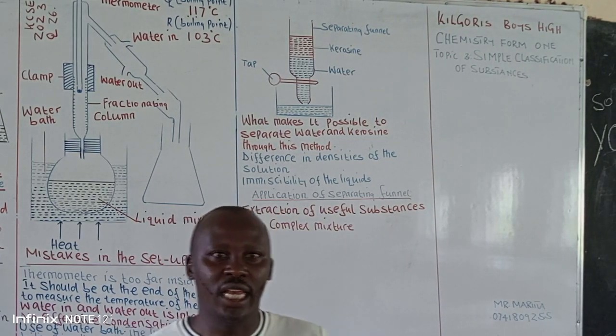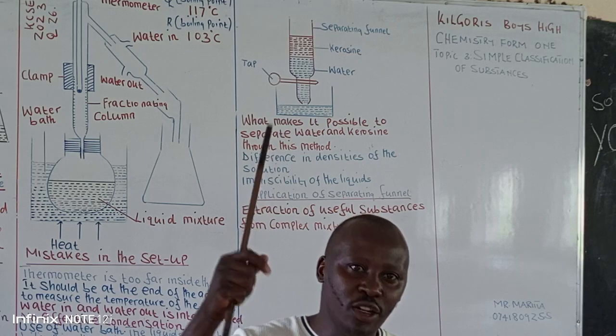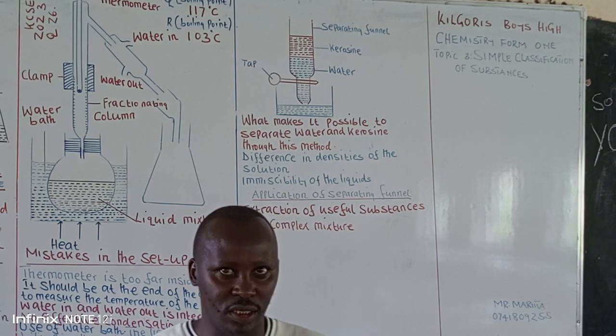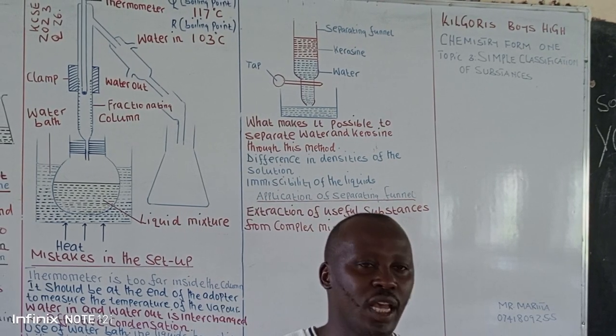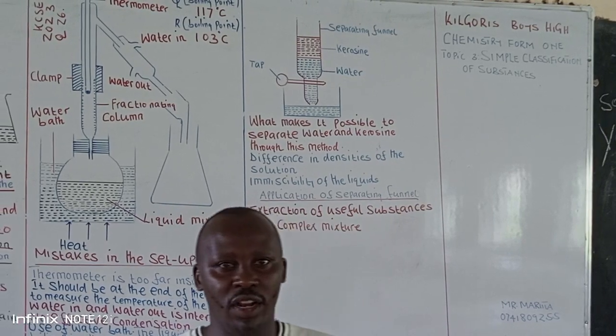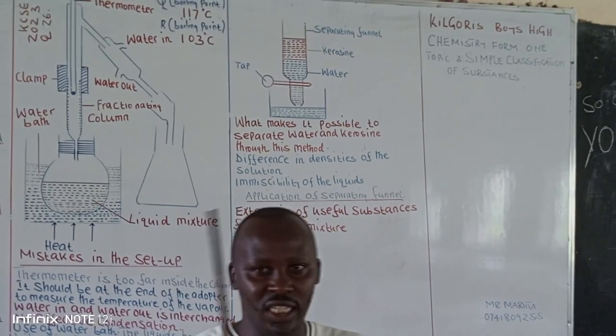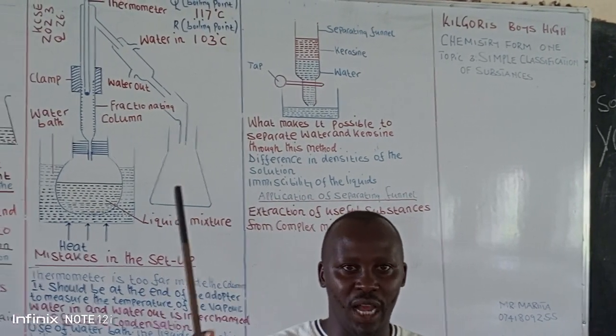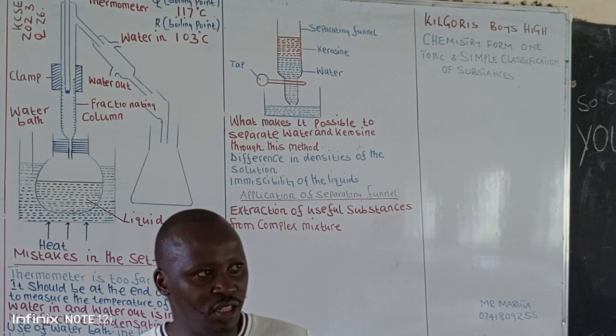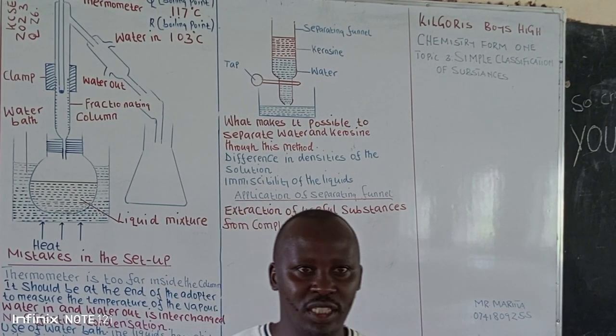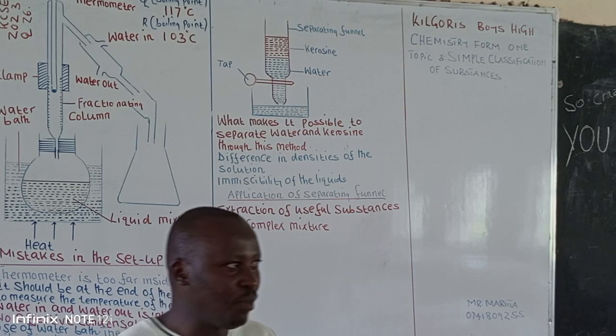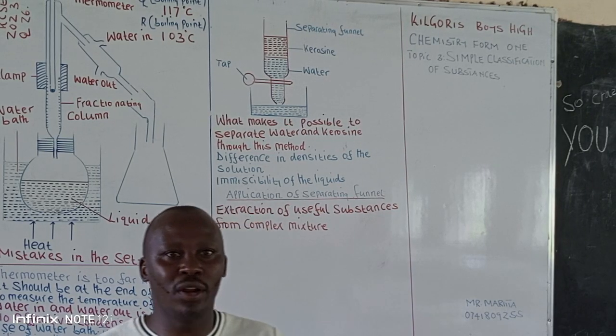Kerosene is a mixture of hydrocarbons, as some of you have done organic chemistry. Hydrocarbons are compounds made up of carbon and hydrogen only. In kerosene, all these hydrocarbons are non-polar compounds.